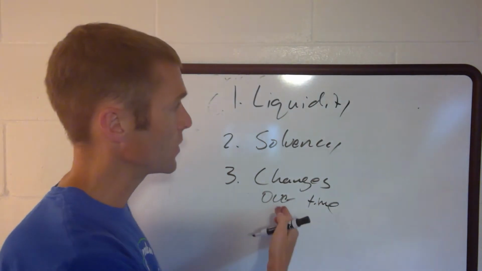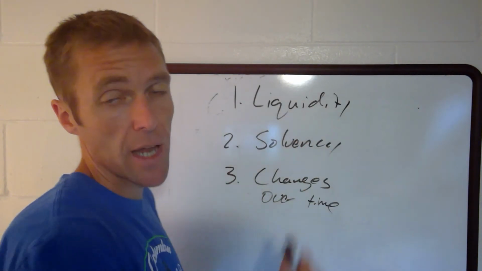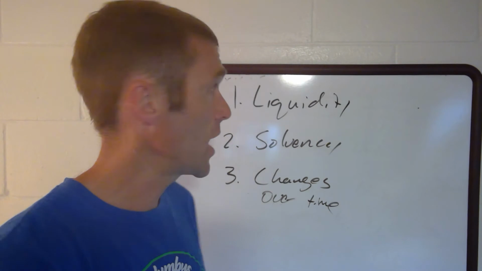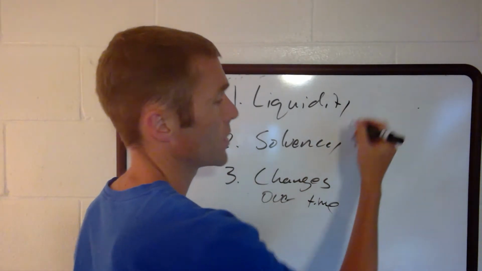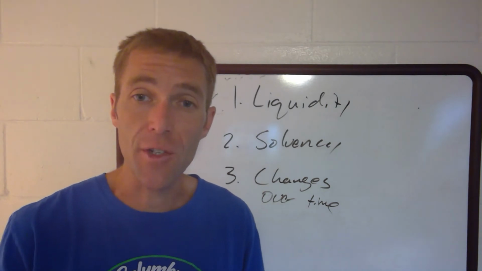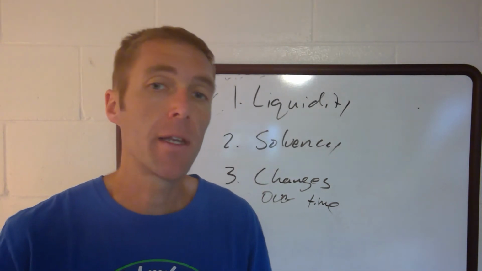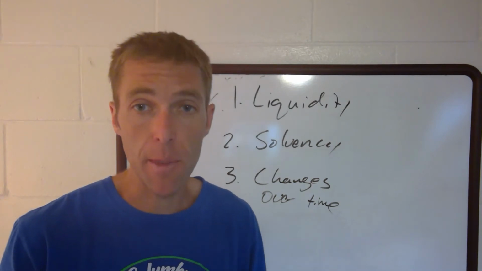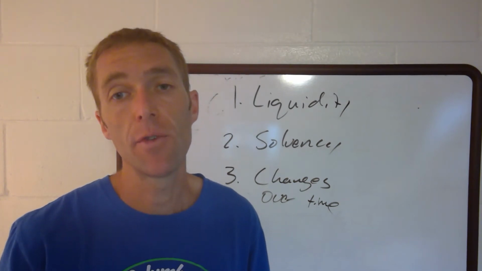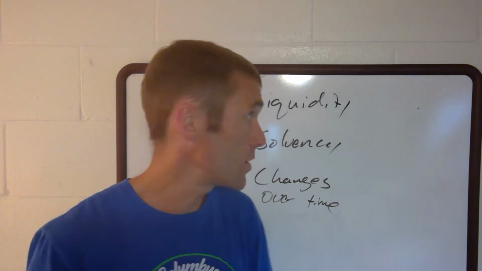Changes over time will be in analyzing how our liquidity ratios and solvency ratios are changing. Our liquidity ratios are the ones that as managers, in the short term, you have probably more ability to make decisions and actually manipulate and change those ratios in your favor, or if in case they're causing issues.